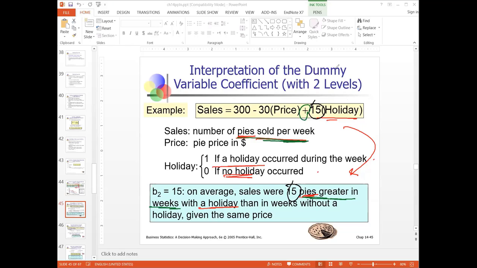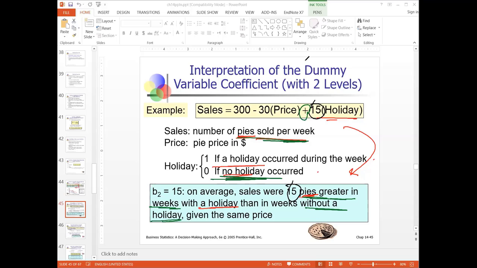And then the characteristic, so it's a holiday, where the holiday variable equals 1. And then it talked about without holiday; that name should come from holiday equal to 0. So if it had some other name, it would come here.